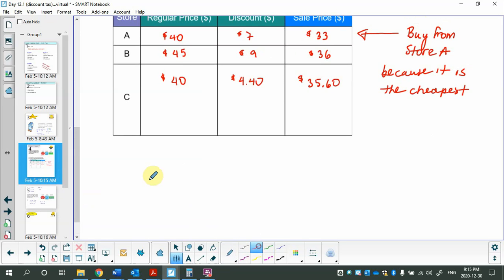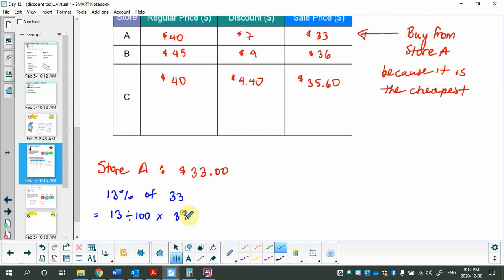So store A is going to cost us $33 even. So to do tax, we have to find 13% of $33. And again, with the percent, 13 divided by 100 times 33.